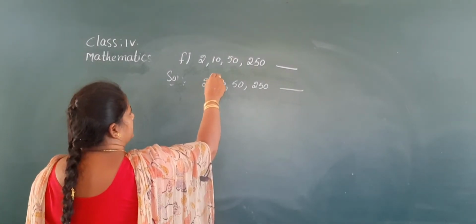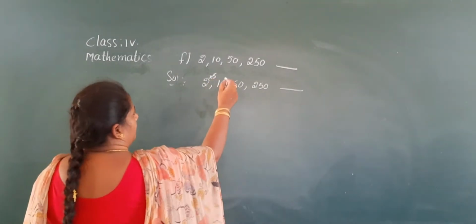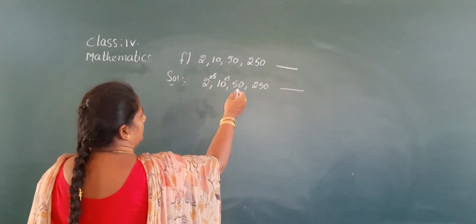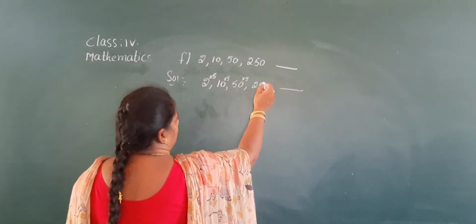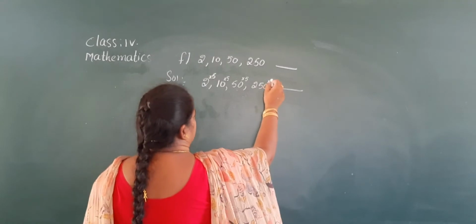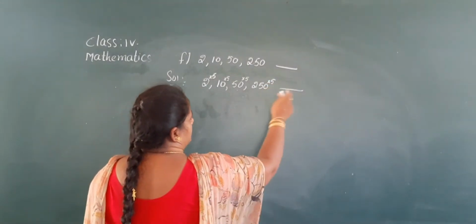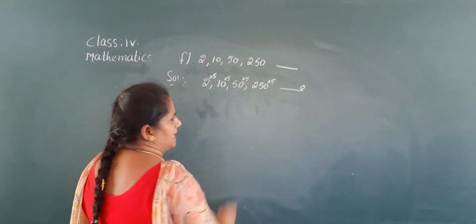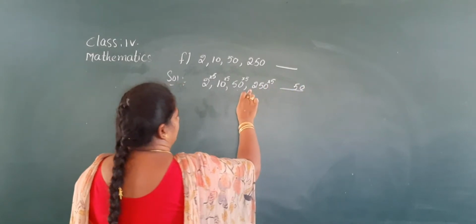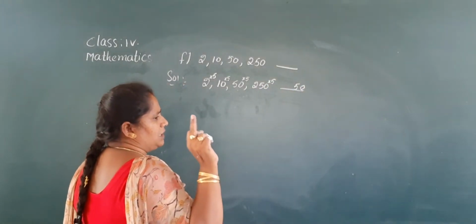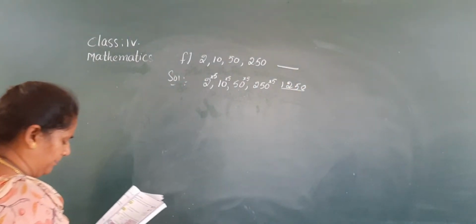That means 2 5s are 10. So if you multiply 2 by 5, we get 10. 10 is multiplied by 5 gives 50. 50 is multiplied by 5, we get 250. 250 is multiplied by 5, we get the next number. Come on, multiply. 5 0s are 0. 5 5s are 25. 2 in hand, 5 is down. 5 2s are 10, 11, 12. So 1250.